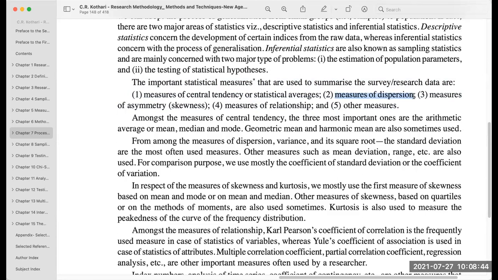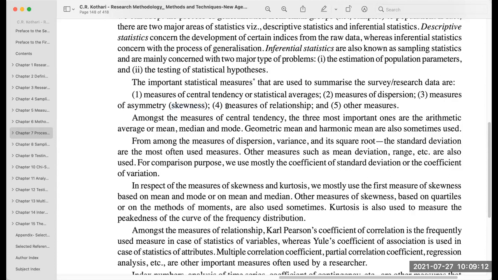These are the parameters in terms of which we can measure the dispersion. Then there is the measure of symmetry or asymmetry of the data: how symmetrical the data is, how it is distributed about the mean position. This is known as skewness, and that depends upon the values of the mean, median, and mode. We will see it later on.